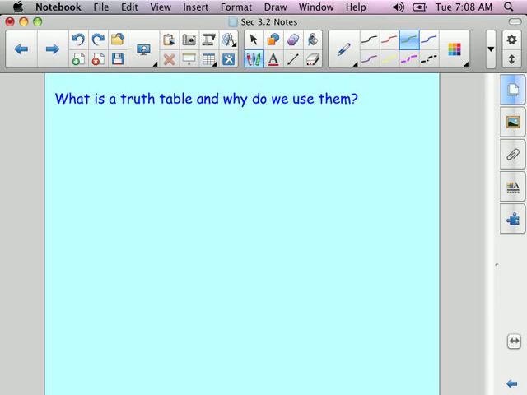So we will be using the concept of a truth table to help us out with this. A truth table is going to be a table that analyzes the truth value of a compound statement.